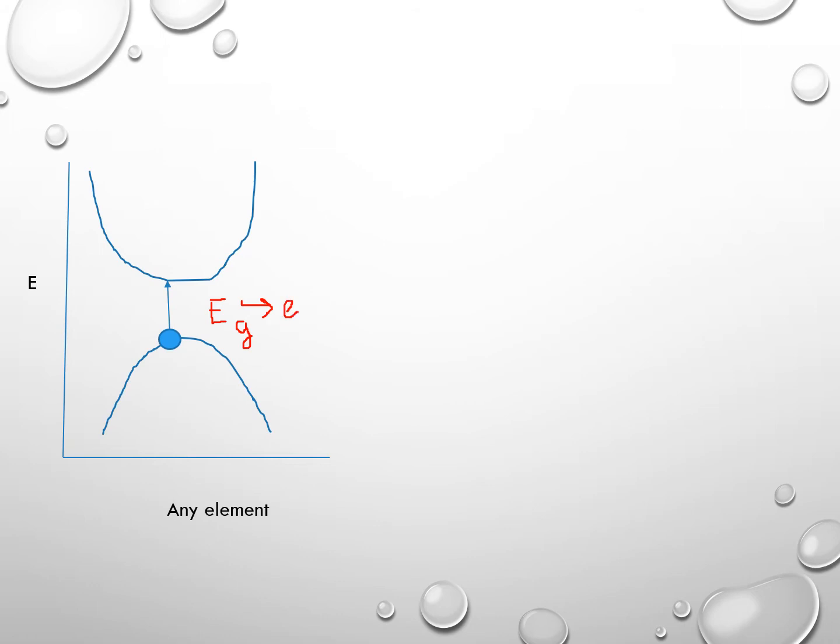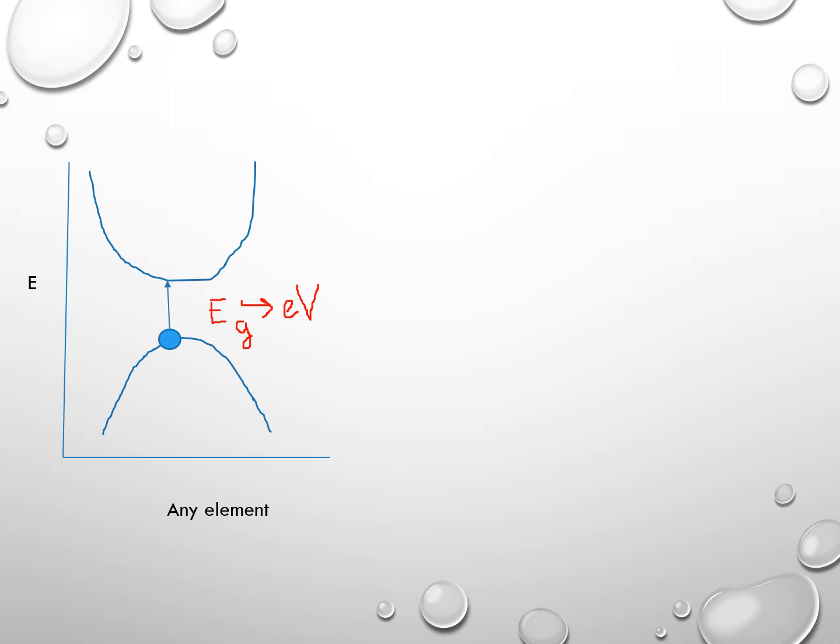Our materials are generally classified in three terms: metals, semiconductors and insulators, depending upon this band gap energy. The difference between their valence level and their conduction level is the energy band gap. If it is small, the resistance is very less. If it is big, the resistance is huge.